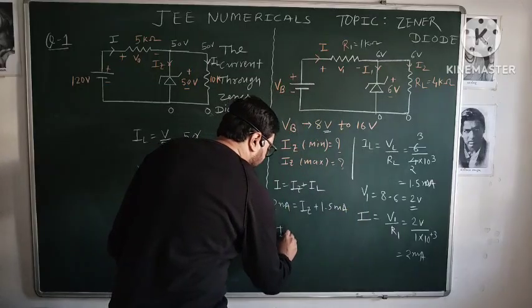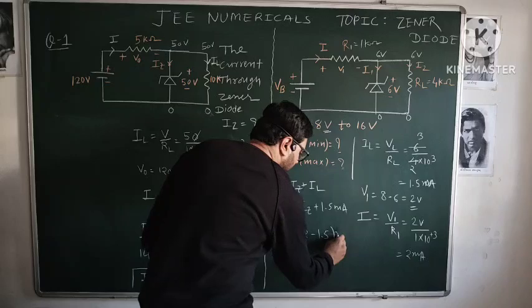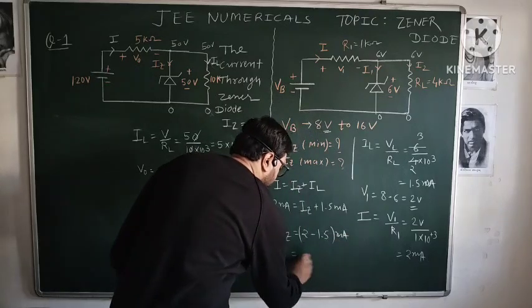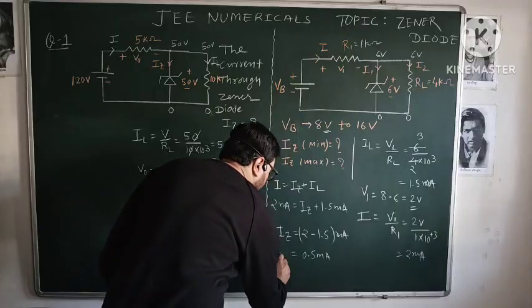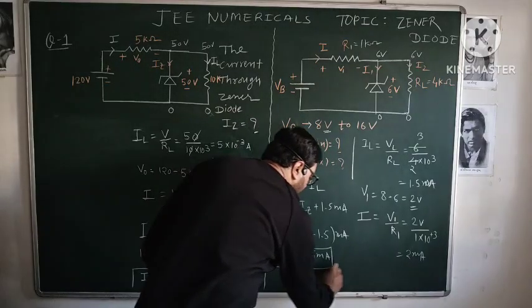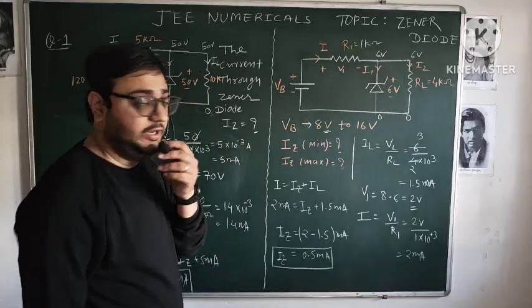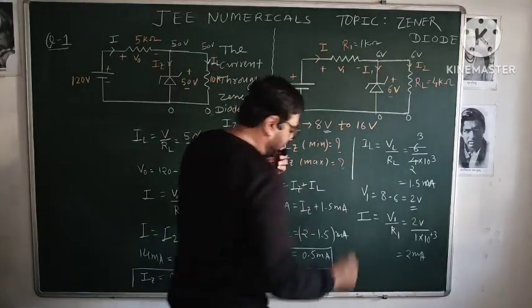So IZ is 2 minus 1.5 milliampere, that is 0.5 milliampere. This is a JEE Main exam numerical which was asked in 2019. So at minimum, the current passing through the Zener diode is 0.5 milliampere.